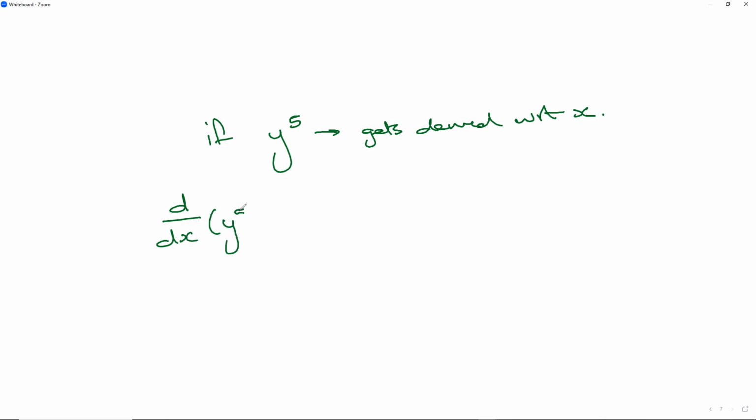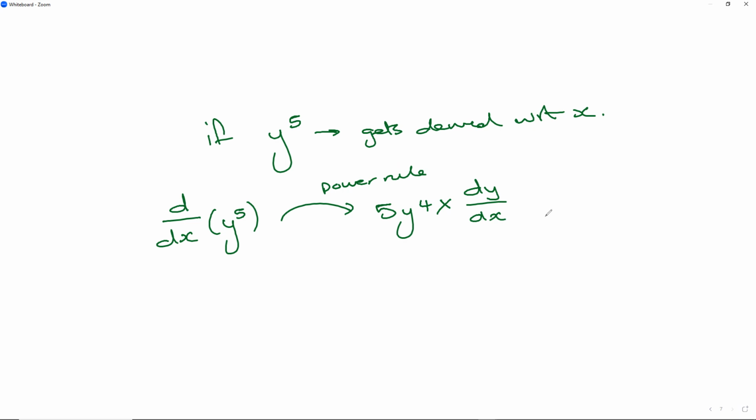So if y to the power 5 gets derived with respect to x, then technically we want to find d dx of it. So what we do is we do the normal power rule on the y, where we take 5y to the power 4, but then we multiply it by dy dx afterwards.